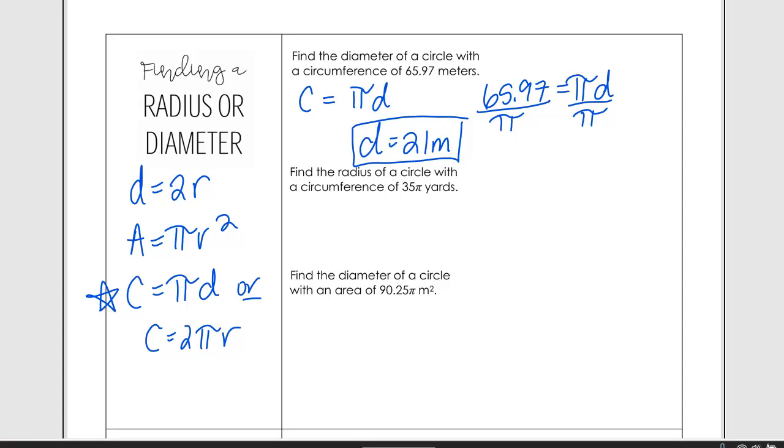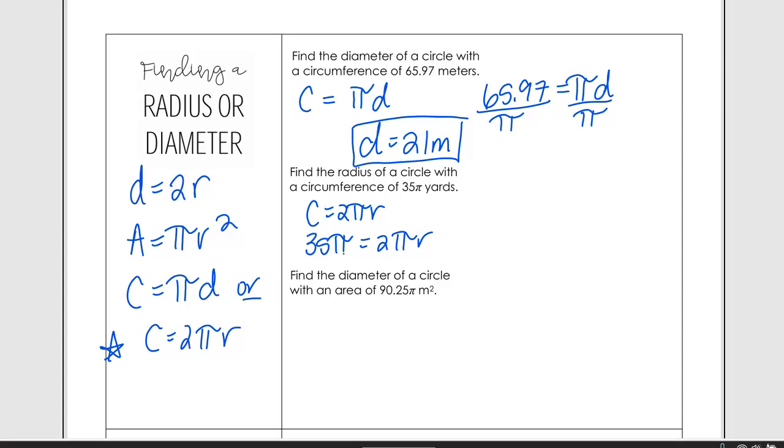All right, the next one says, find the radius of a circle with a circumference of 35 pi yards. So we want to find the radius, so now we're going to use this formula: circumference equals 2 pi times the radius. Now let's put in our information. 35 pi equals 2 pi times r.